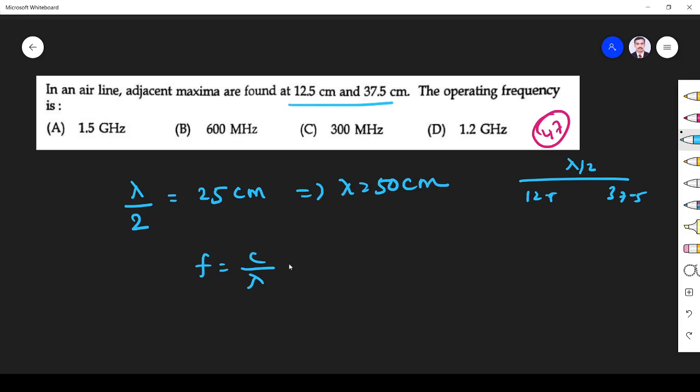Frequency is equal to c by lambda, 3 into 10 power 8 divided by 50 into 10 power minus 2, right? So it is 600 megahertz. Okay, right? So option B is the right answer. Fine. Okay.